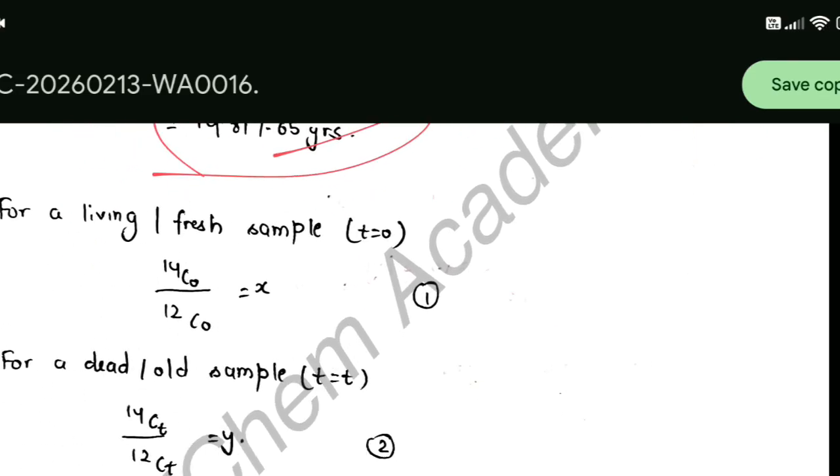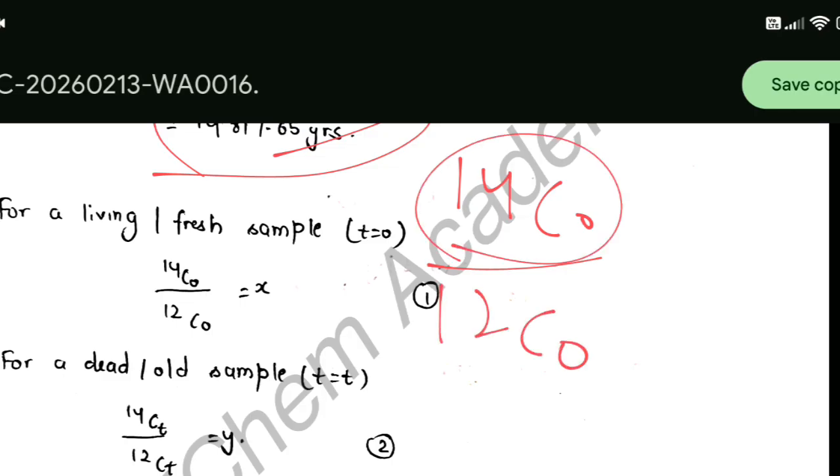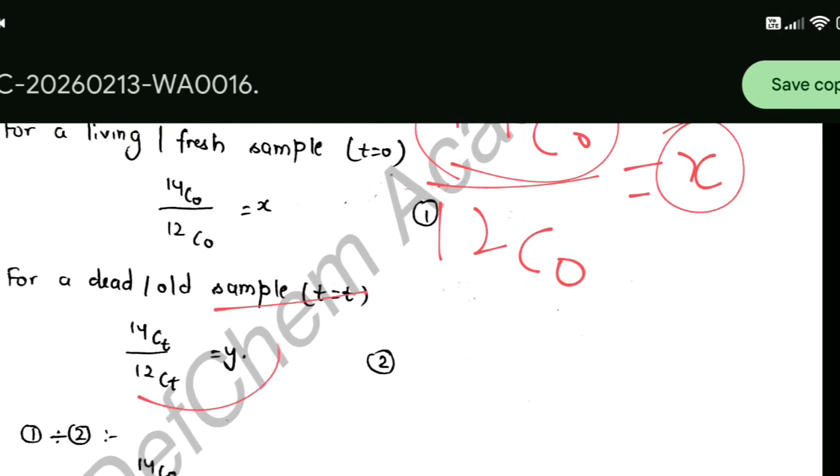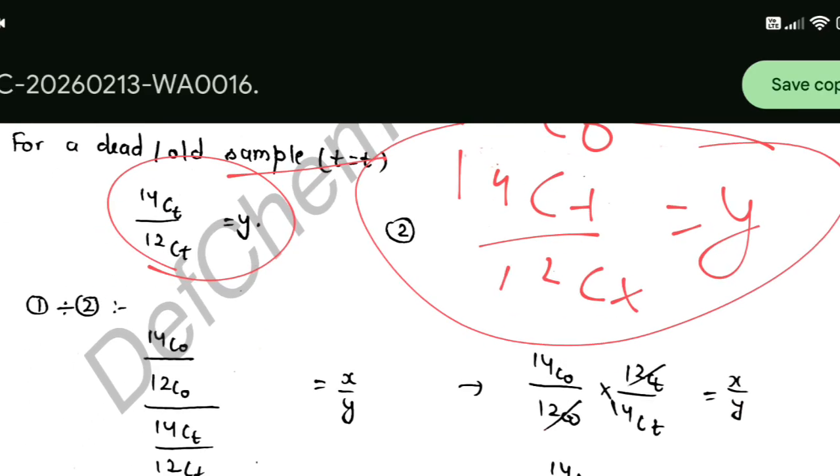Now see, for a living sample, if it is the initial ratio, if we want to find the ratio of the initial sample for the 14 isotope and for mass 12, then we consider it is x, and for the dead sample we consider 14C t upon 12C t is equal to y.